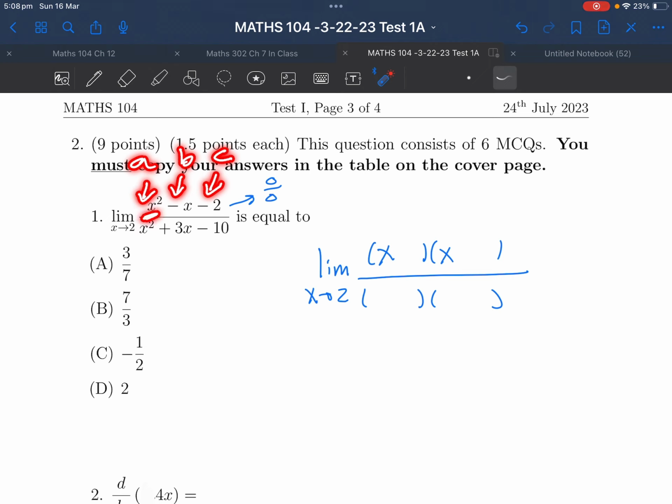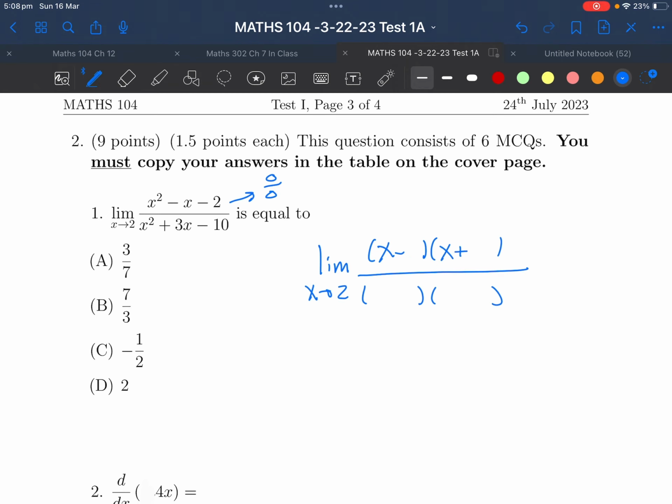The number a will be the number in front of x squared, the number b will be the number in front of x, and the number c will be the number that is alone. If we do that and everything is correct, we get x plus 2 and x minus 1. Similarly, if we do the same thing for the denominator, we will get x minus 2 and x plus 5. That's what we get from mode 5, 3, the quadratic formula.